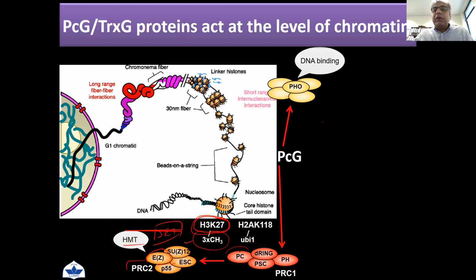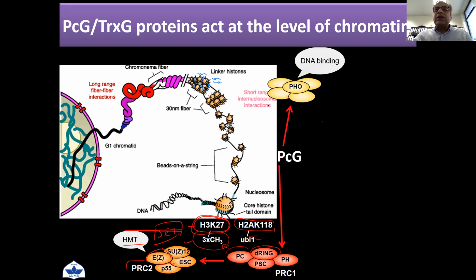So the chromodomain-containing Polycomb protein recognizes this methyl mark, and another protein in this complex, PRC1, is called dRING. dRING catalyzes histone H2A lysine 118 ubiquitination. These are hallmarks of silencing. So if you characterize chromatin and find H3K27 trimethylation as well as monoubiquitination at H2A lysine 118, you will say these are Polycomb targets.